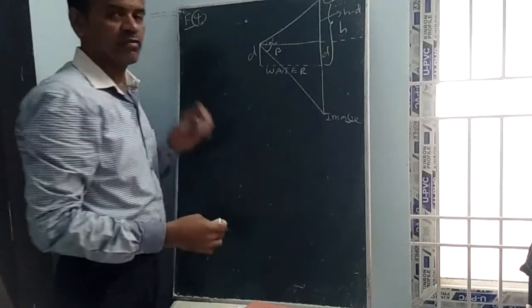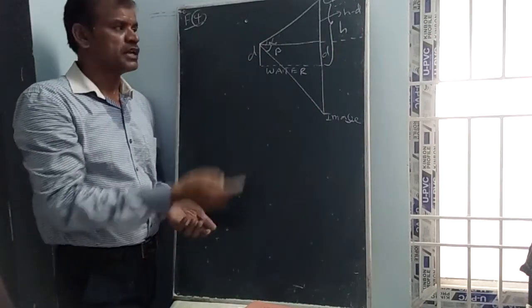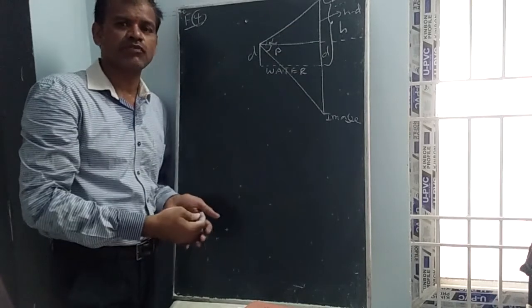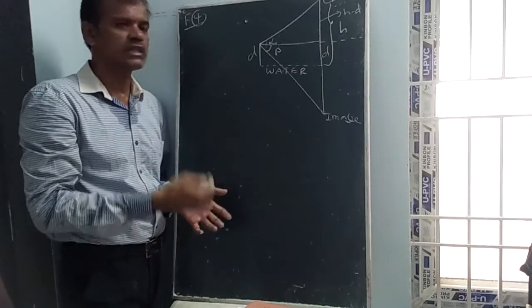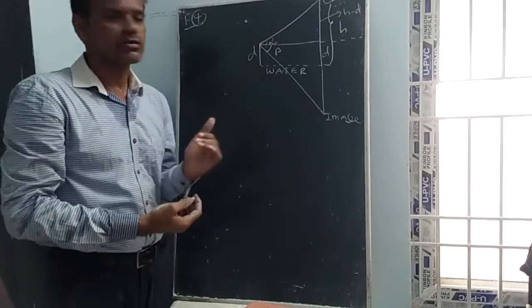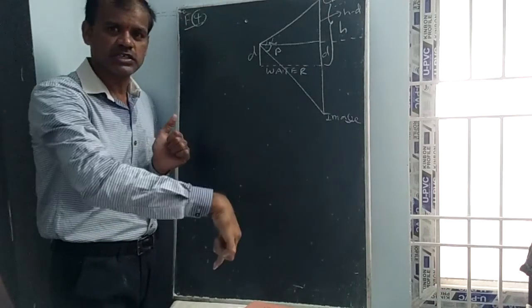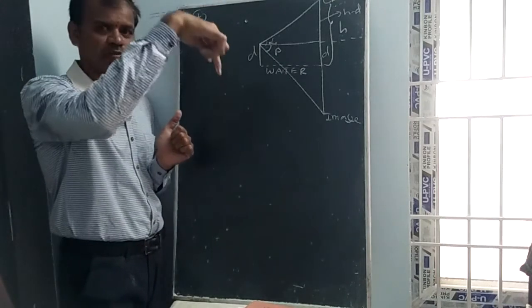One thing you observe is the midpoint concept. The image of the cloud we are observing in the water: the distance from the cloud to the water is equal to the distance from the water to the image.